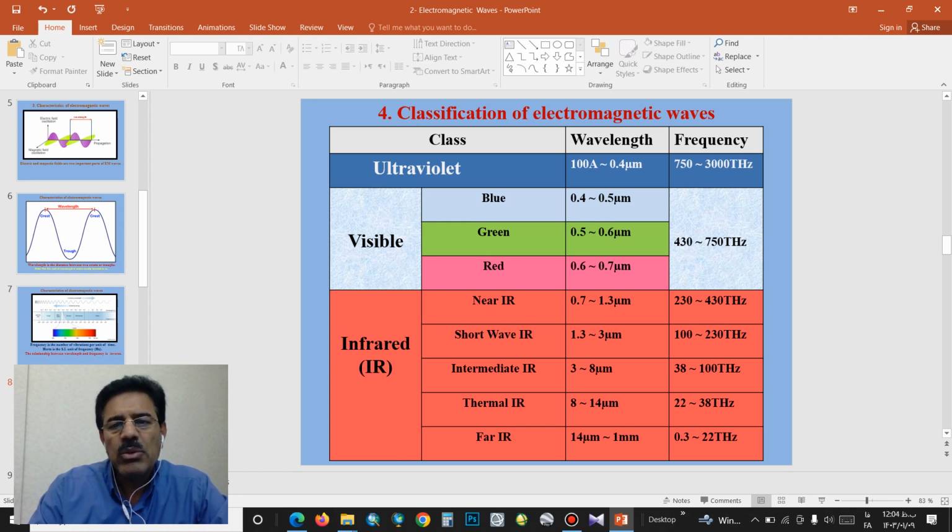0.4 to 0.5 micrometers, or green 0.5 to 0.6 micrometers. And the infrared region includes near infrared, short wave infrared, intermediate infrared, thermal infrared, and far infrared.